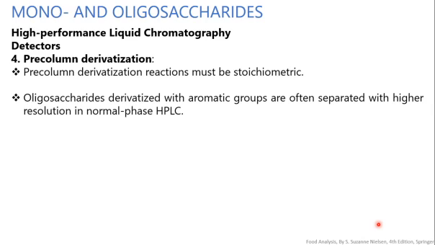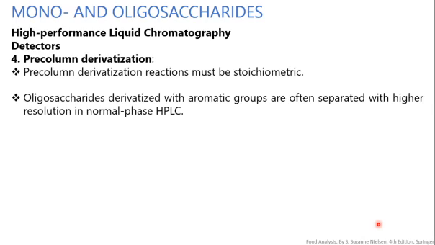For example, there is a carboxylic acid group, so the OH bond is there. So we have to replace that H with some kind of chromophoric group. Hence we have to use equimolar quantities of this reagent and analyte of interest, so that we can get the exact amount of that analyte whenever we perform the analysis.